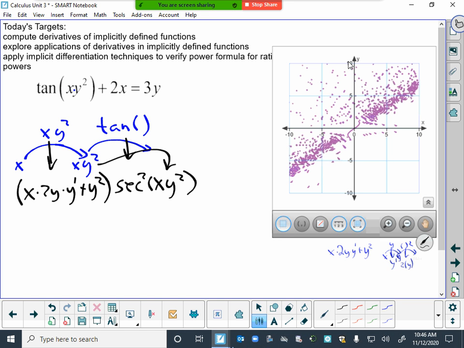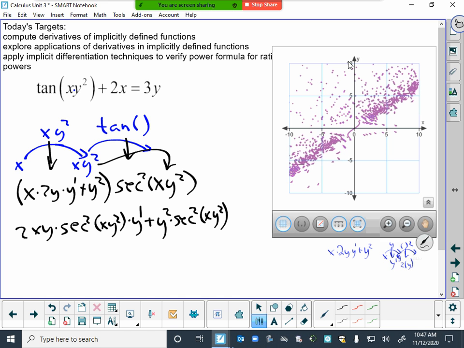So the derivative of tangent of xy squared is these two things multiplied together. Let me go ahead and distribute it through. So that's going to give me a 2xy times the secant squared of xy squared times y prime, plus y squared times the secant squared of xy squared, plus the derivative of 2x, which is 2, is equal to the derivative of 3y, which is 3y prime.